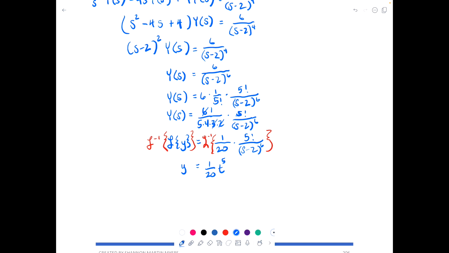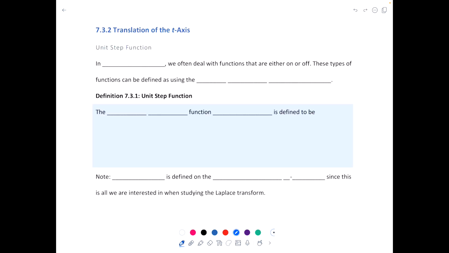And then to take care of that shift of 2, we have e to the 2t. And we're all done. And I think that's a pretty darn cool way to solve an initial value problem, don't you? Okay, so 7.3.2 is translation of the t-axis.